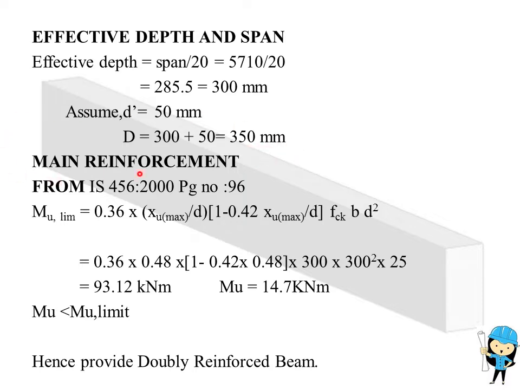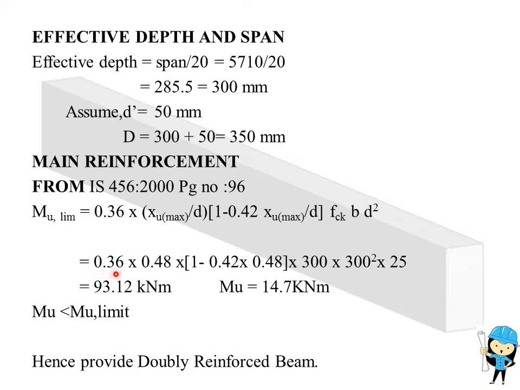Next is main reinforcement calculation. From IS 456-2000, page number 96, we have the formula Mu limit is equal to 0.36 into xu max divided by d into 1 minus 0.42 xu max divided by d into FCK B D square.